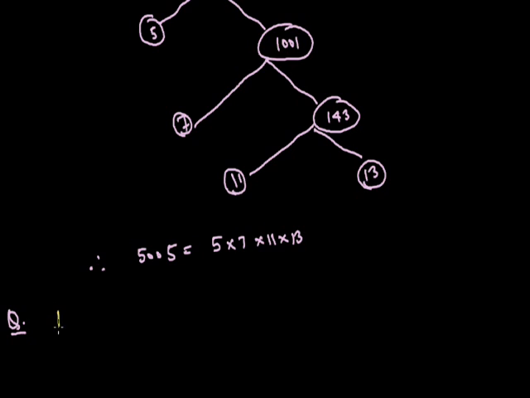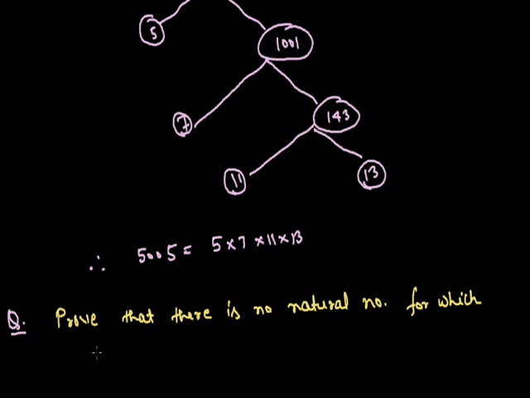Prove that there is no natural number for which 4 to the power n ends with digit 0.